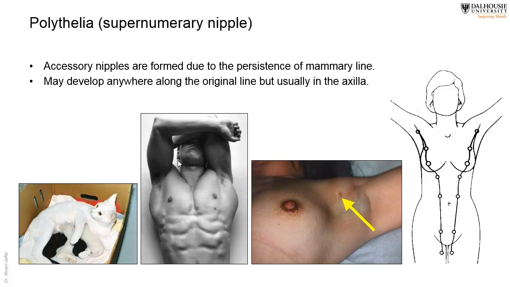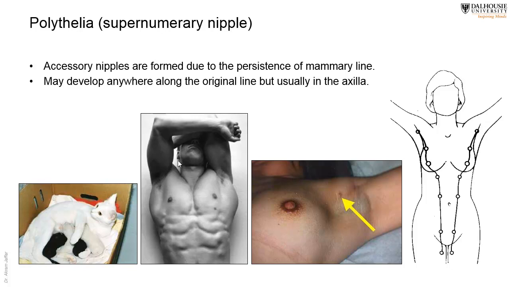But if these nipples do not degenerate, you will have an accessory nipple. Sometimes there is even breast tissue associated with it, so an accessory breast. You can find it anywhere along the line. It may be present in males or in females, not necessarily in females. Sometimes it might look like a mole.